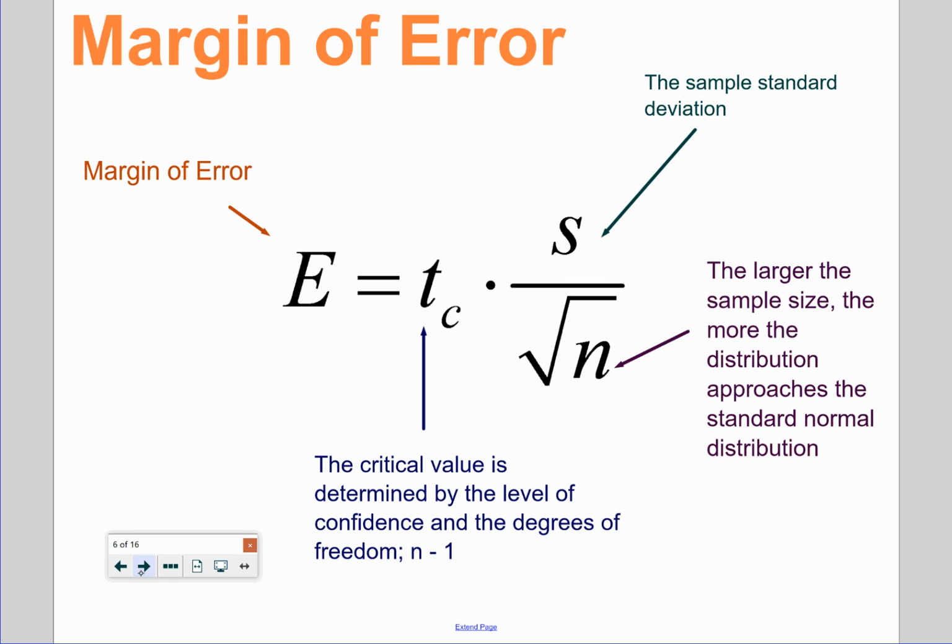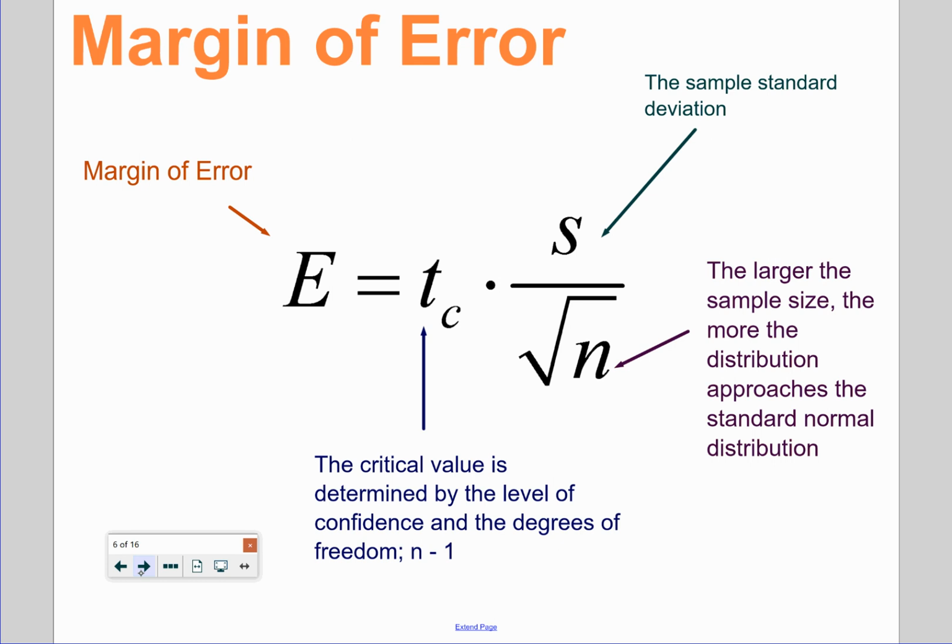All right, so now we're going to find things that we did with our z-scores. A lot of this is going to look really similar to our other confidence intervals. So we're going to find the margin of error. We know what margin of error is. It is the difference between our sample mean and what we're estimating our population mean to be, plus or minus.